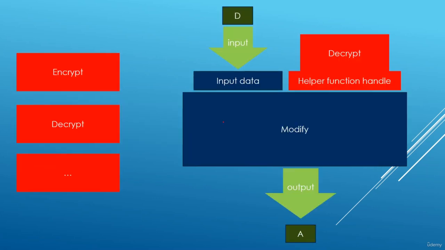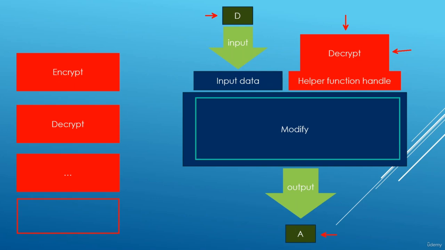But because we have the flexibility to switch function handles, we can also change our modify function on the spot and tell it to do decryption by attaching a decrypting function handle. And at this point, if we give it a D, it is not going to encrypt it, it is going to decrypt it, and the output is going to be A. Because we have this flexibility to change the modifications we do on the fly, we can even add other kinds of modifications later, and our function is going to pick them up and use them right away, and this is really cool.